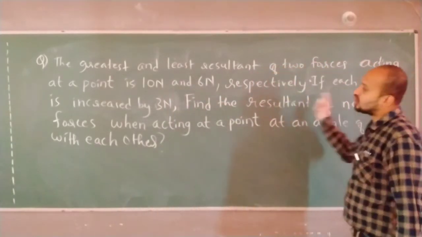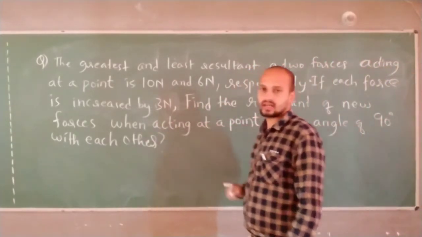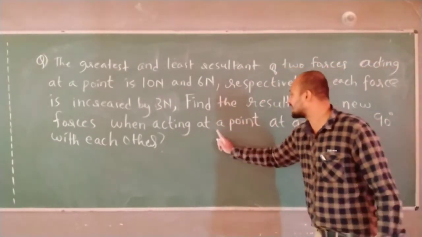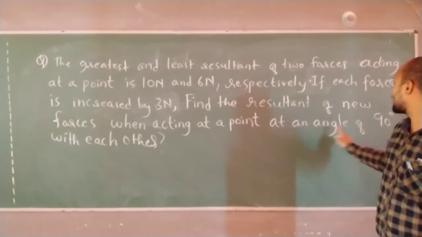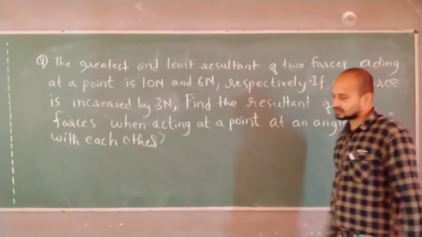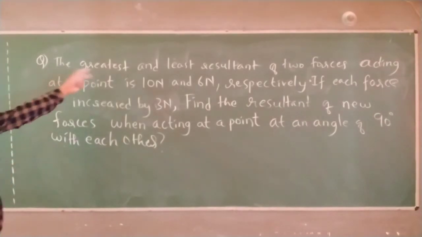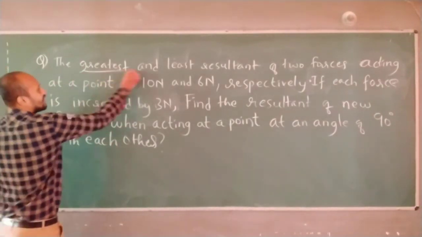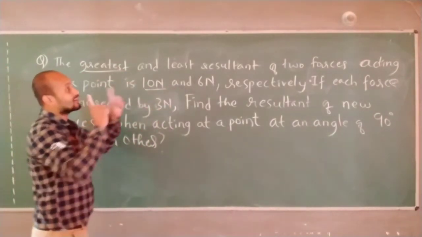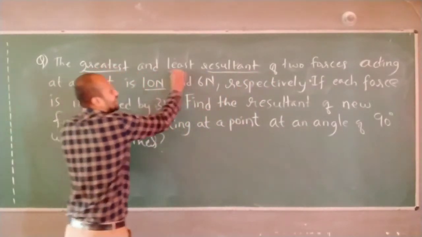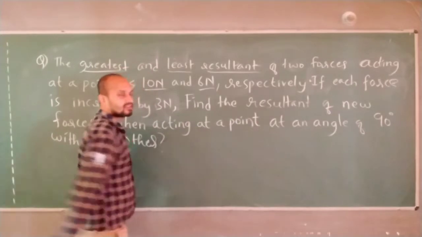If each force is increased by 3 Newton, find the resultant of the new forces when acting at a point at an angle of 90 degree with each other. Got it? There are two conditions given. The greatest resultant of two forces is 10 Newton. The least resultant of two forces is 6 Newton.